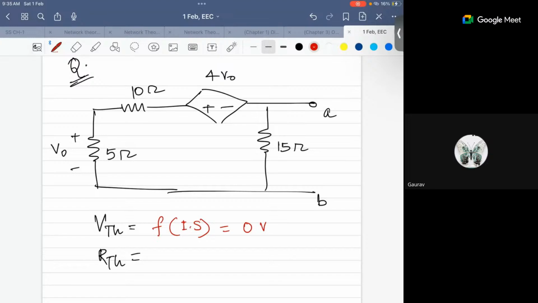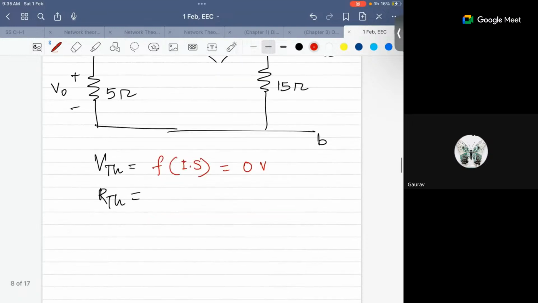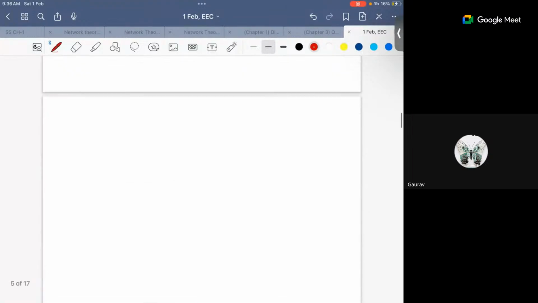Is it clear? At the start of the lecture itself, I told you, right? Now, how will you calculate R Thevenin? There are 3 cases.